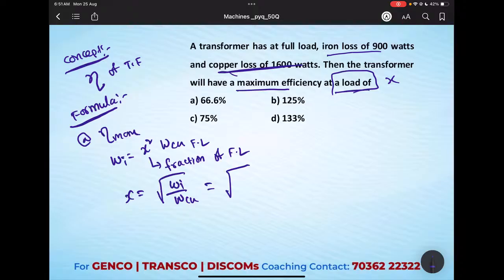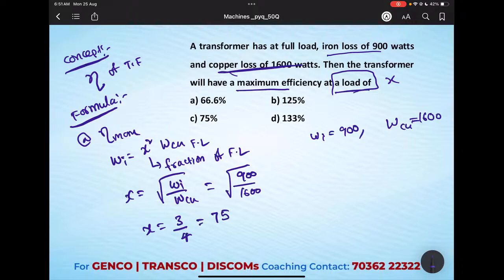From the given data, iron losses is 900, copper losses is 1600. So 900 divided by 1600, apply the square root. It will be 3 by 4, so it is 0.75. They are asking in percentage, so x is equal to 75%. Option is C.